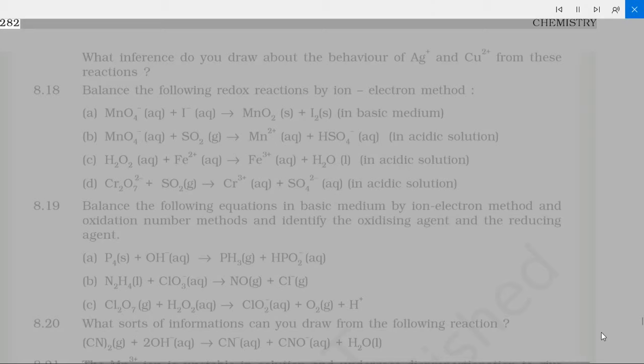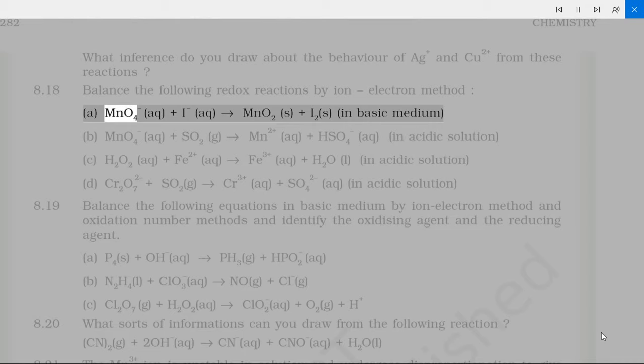What inference do you draw about the behavior of Ag+ and Cu2+ from these reactions? 8.18 Balance the following redox reactions by ion-electron method. A. MnO4^-(aq) + I^-(aq) → MnO2(s) + I2(s) in basic medium.